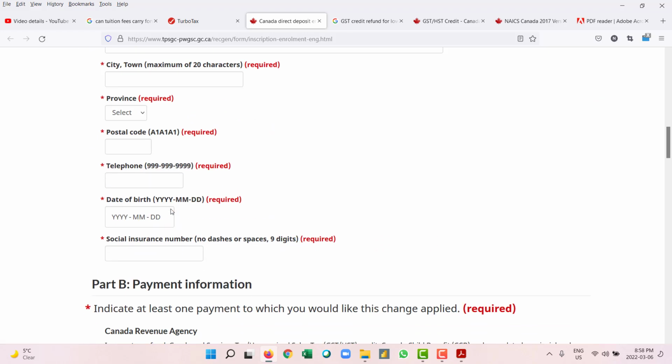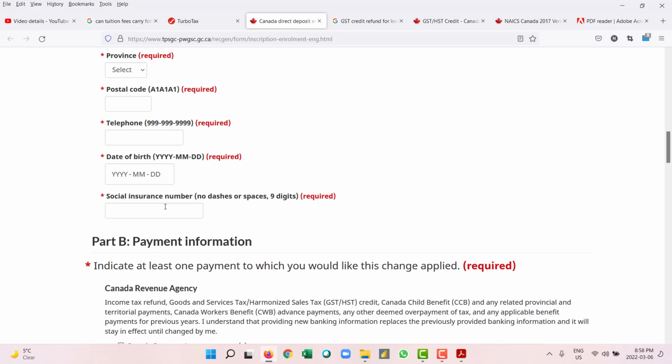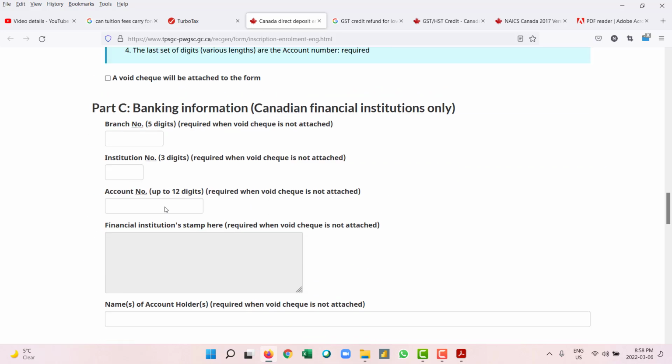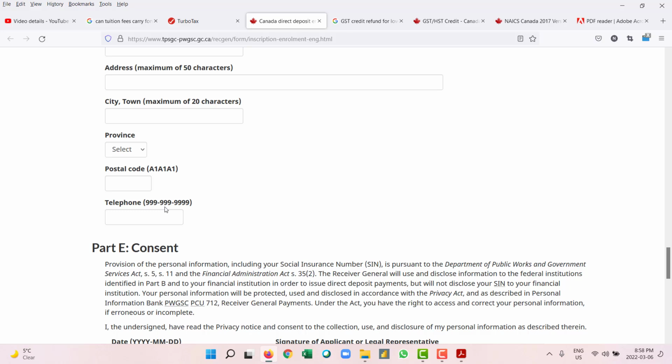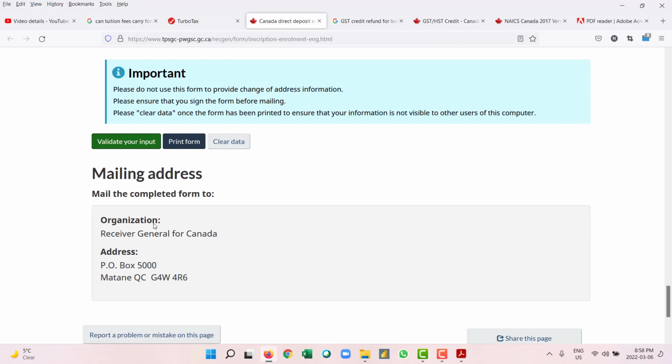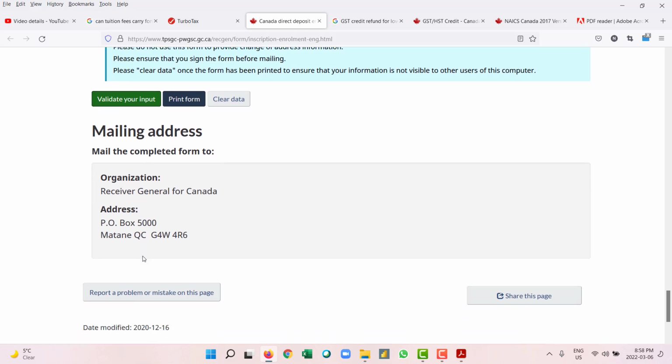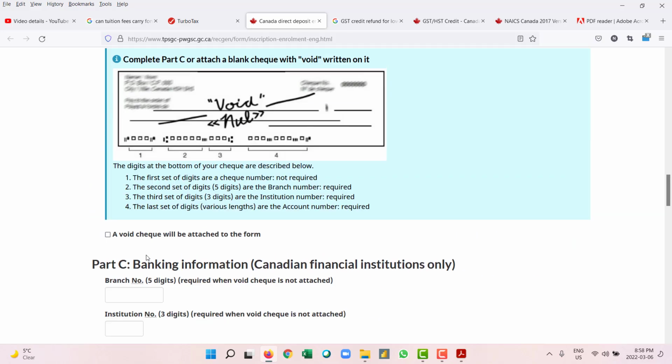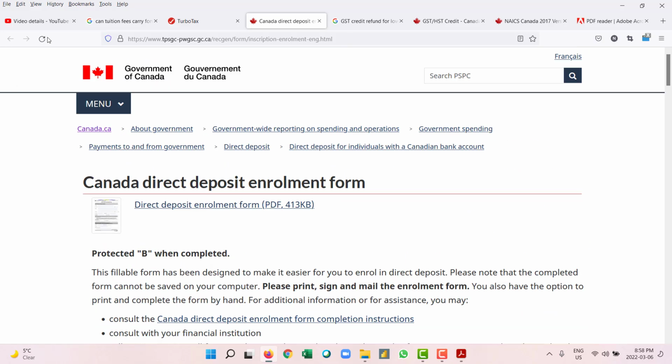Identification information, surname, social insurance number, they're asking for. They're giving all the information and validity info, print, mailing address. I will not actually use it.